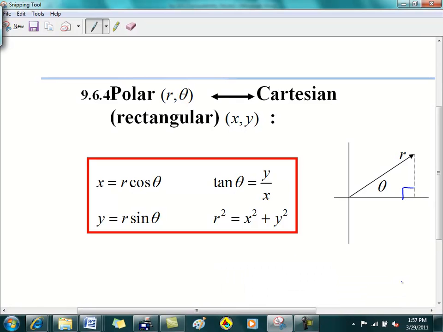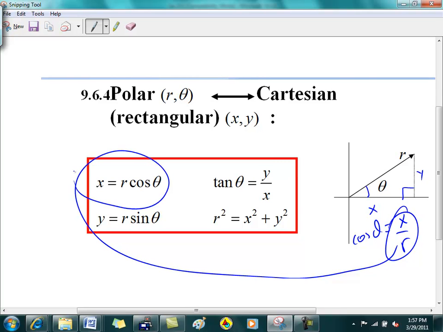So if you take a look at this triangle, you know that this is x, this is y. Does everybody agree that cosine theta is adjacent over hypotenuse? Hence, this equation. Does that make sense? Do I need to go over the y stuff? Similar thing?